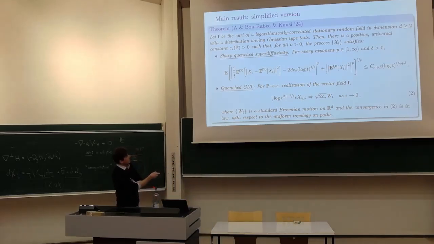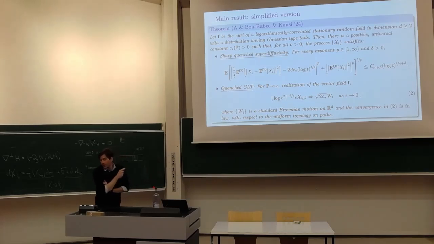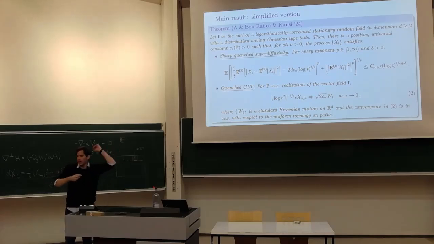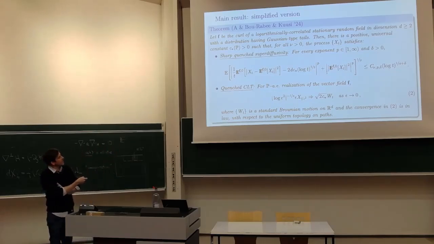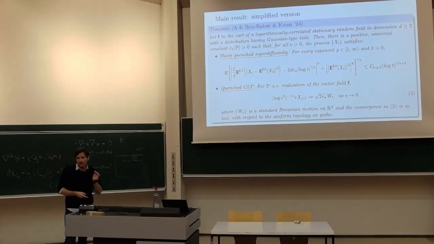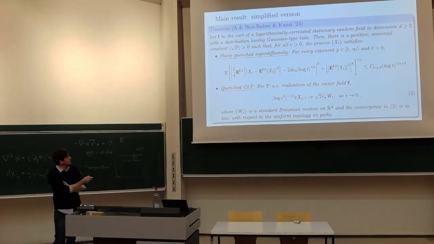And, okay, and then we also have the difference between the variance and t log t times a particular constant. So our theorem doesn't just say it scales like this. Our theorem says it scales like this times a very particular constant, and the constant is independent of the realization of the vector field. So no matter what vector field you get with your dice roll, this thing will always be the same up to a constant.